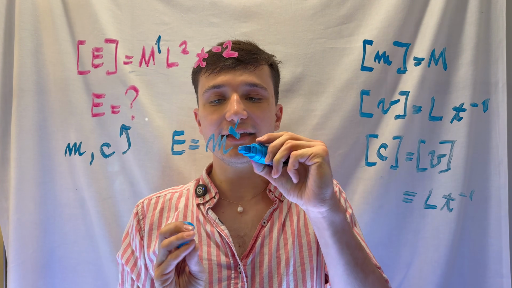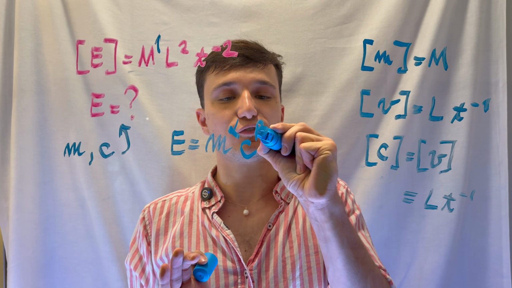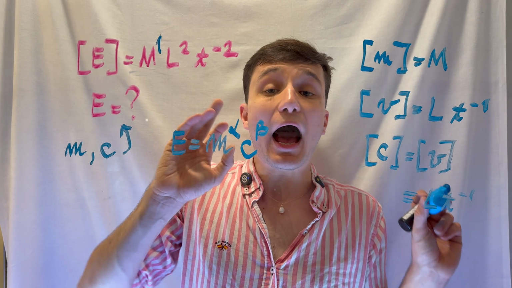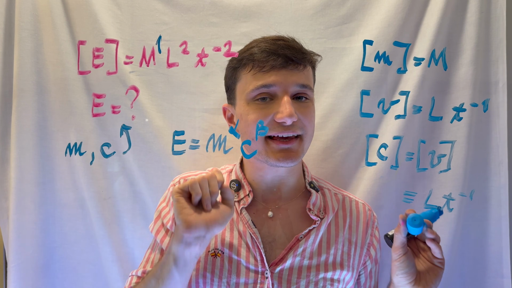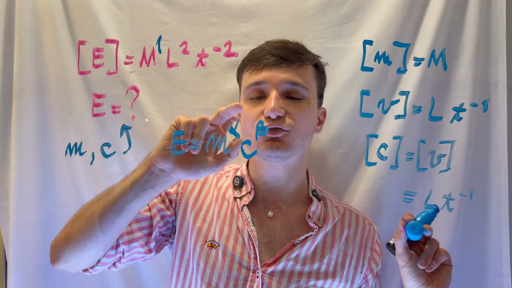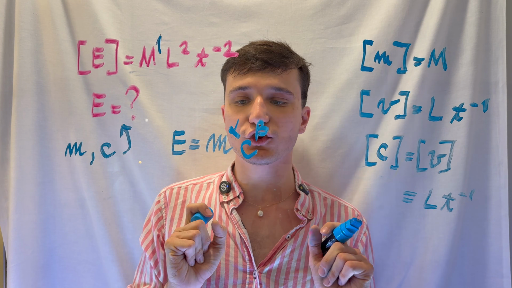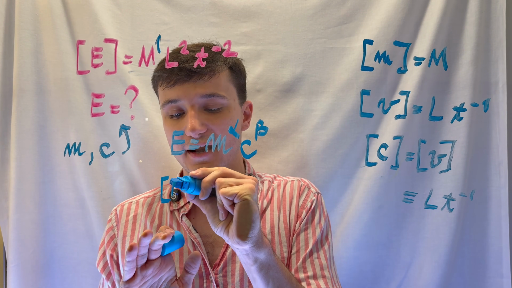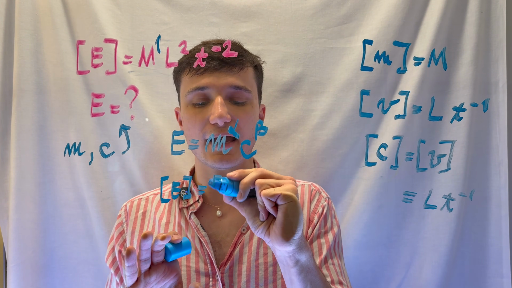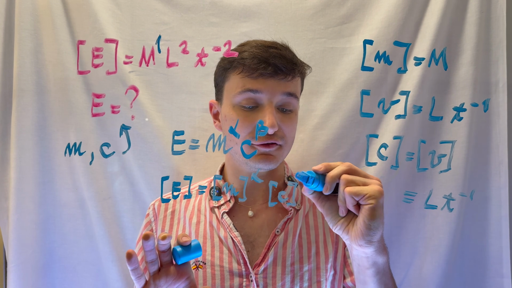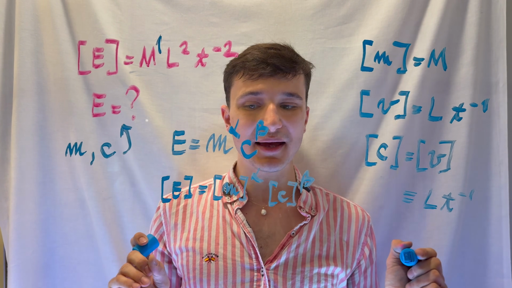Let's make a guess. Let's say that our formula for energy needs mass contributions and speed contributions. We don't know the contributions yet, but we can guess them. So I'm going to say m is raised to the alpha power and c is raised to the beta power. Let's look at it. The dimensions of energy need to be equal to the dimensions of mass raised to the alpha power and the dimensions of the speed of light raised to the beta power.